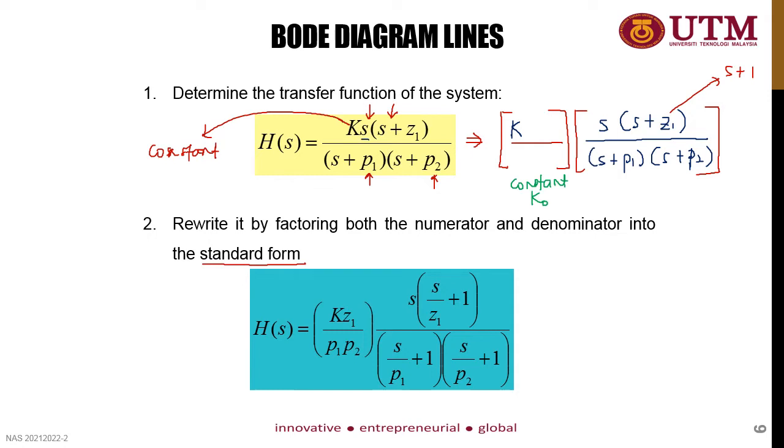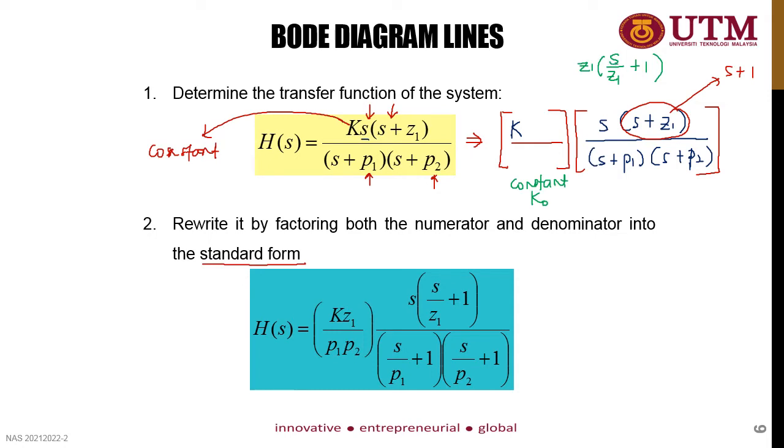So in this case this component will become z1 times s divided by z1 plus 1. For this particular component, you now have the s term plus 1.